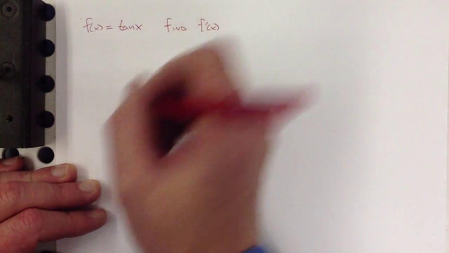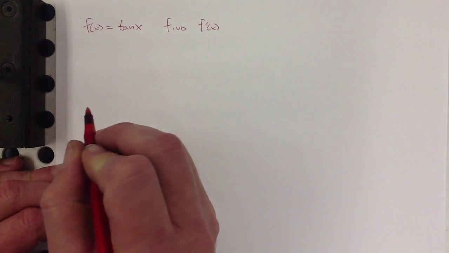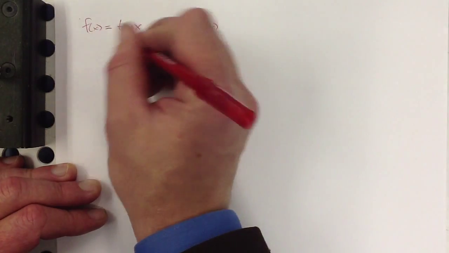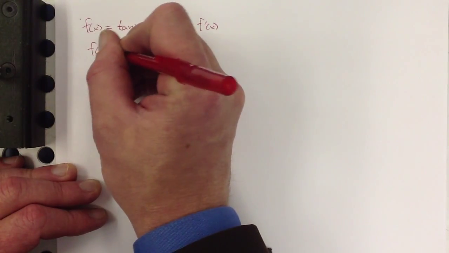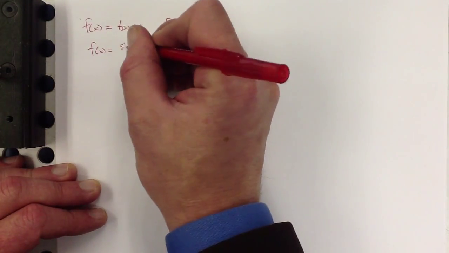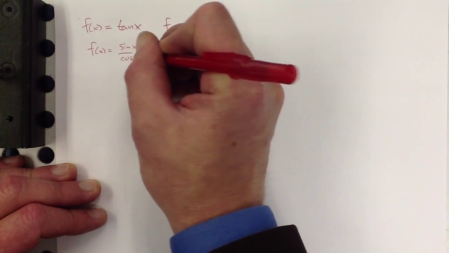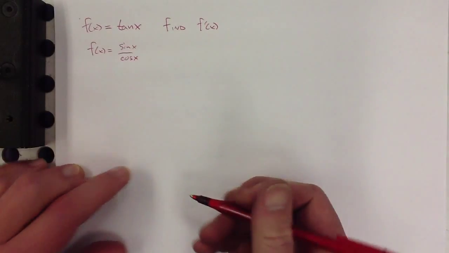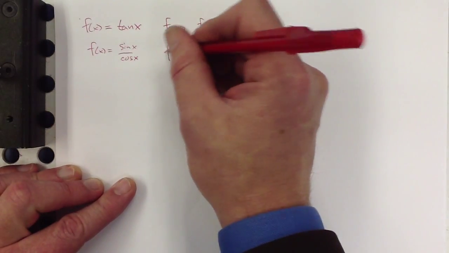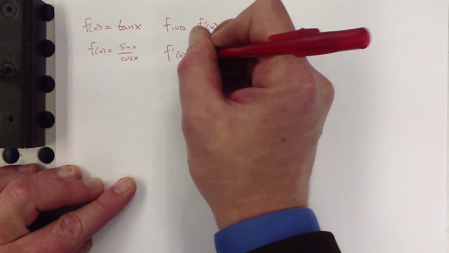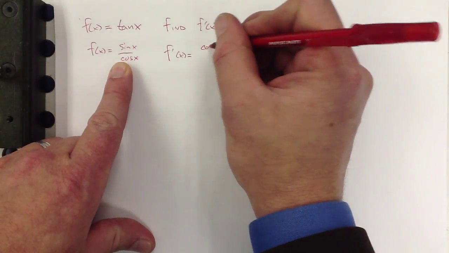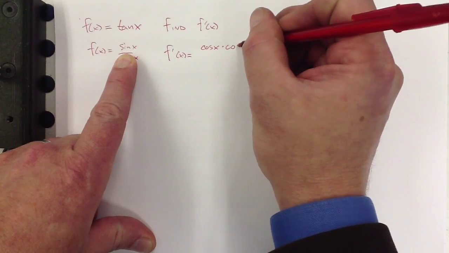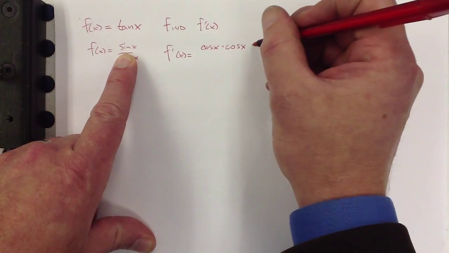So let's see. Well, tangent, all the other trig functions are defined in terms of sine and cosine. So I'm going to rewrite this and say, well, really we're talking about sine x over cosine x, right? So that's what I'm finding the derivative of, and that's a quotient. So the derivative of that is low d high, the derivative of sine is cosine, we just learned that, right?